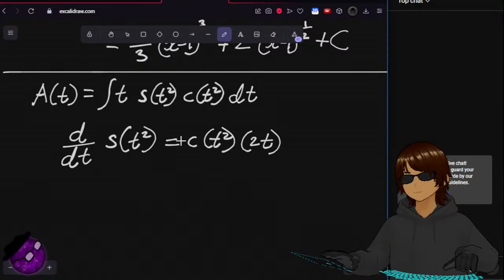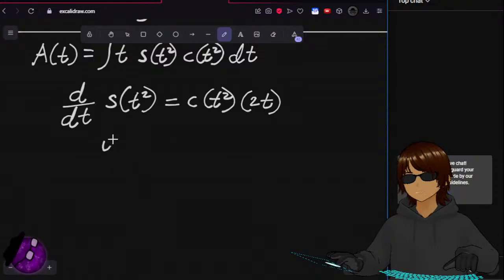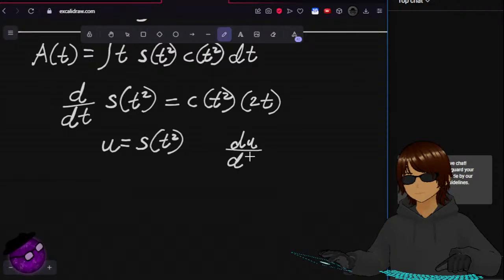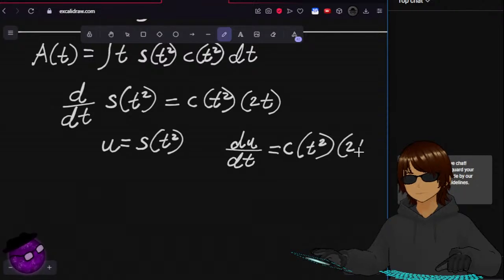Hold on. If I do u is equal to sine t squared, the derivative is this, right?